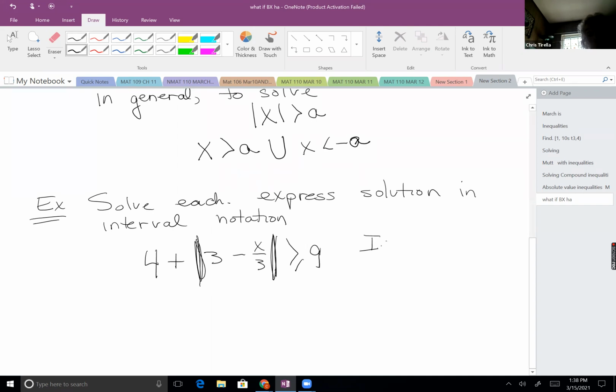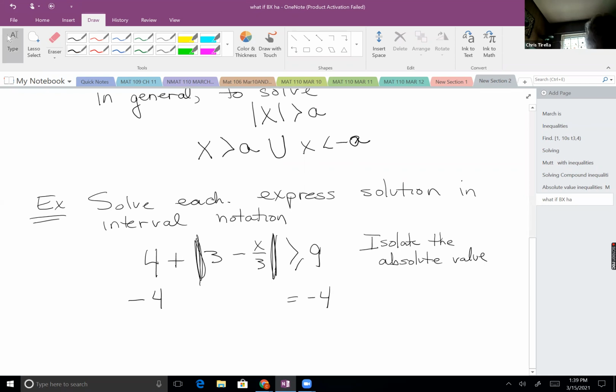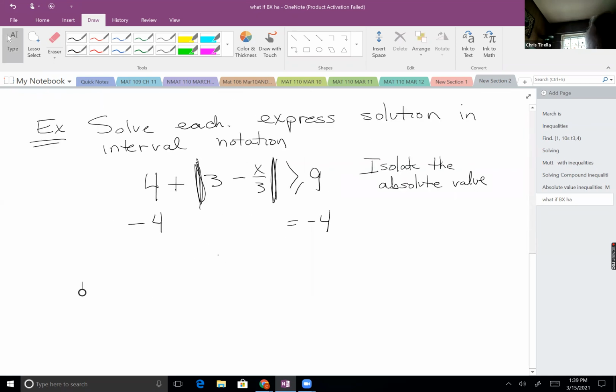So let's isolate the absolute value. Which means this plus 4, we'll subtract 4 from both sides. And that gives me that the absolute value of (3 minus x) over 3 is greater than or equal to 5.